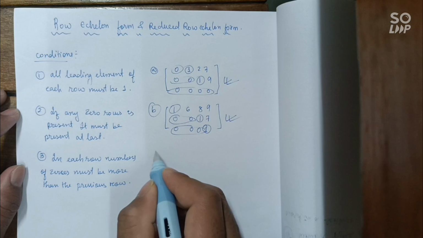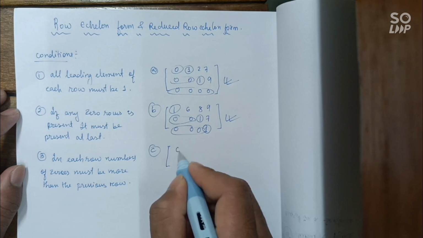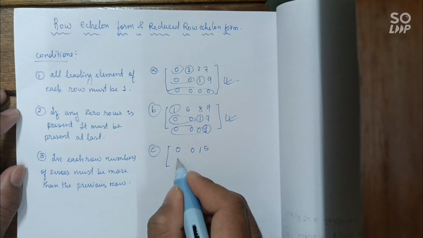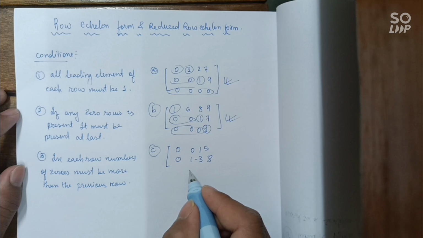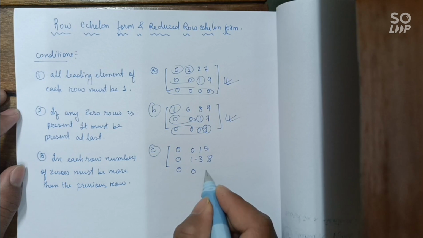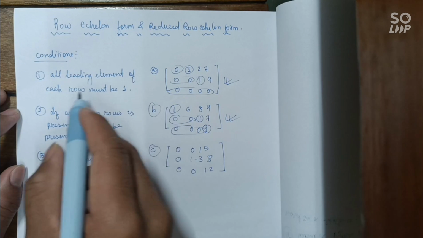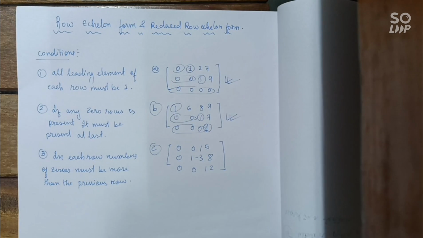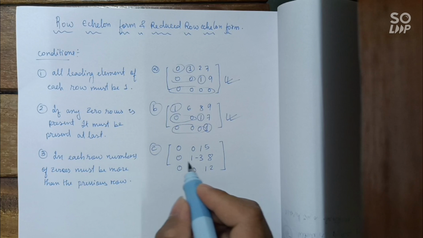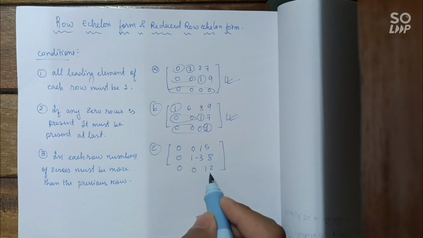Let's check example C. So we have 0, 0, 1, 5, and then 0, 1, minus 3, 8, and then 0, 0, 1, 2.